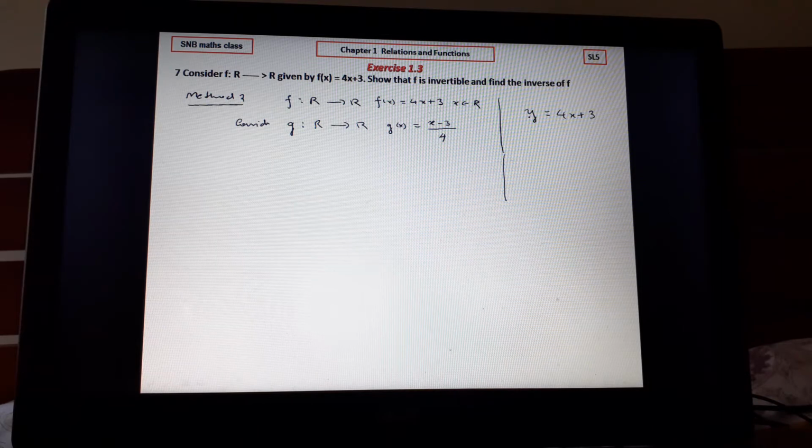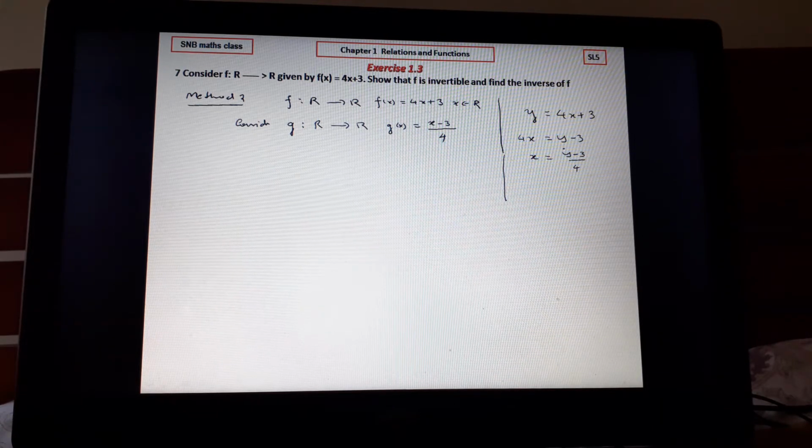Here y is expressed in terms of x. Now express x in terms of y, and that itself becomes the inverse function. So 4x will be equal to y minus 3, and x will be equal to y minus 3 by 4. But here we want g of x, actually it is g of y. Therefore g of x equal to, in place of y you substitute x, so it is x minus 3 by 4. So this is the technique of finding the inverse function.